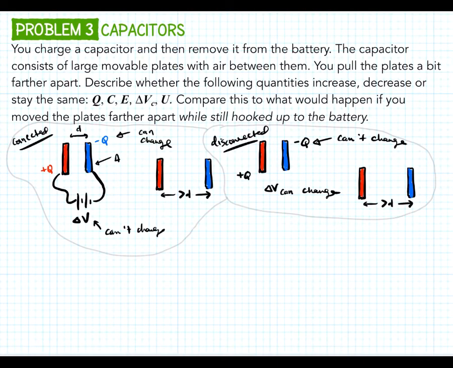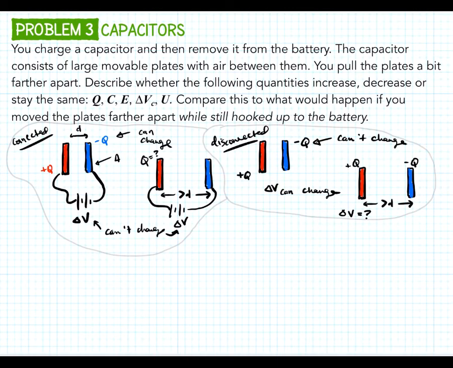In the connected case, you still have the battery determining delta V. In the disconnected case, you have plus q and minus q, but we don't know delta V.